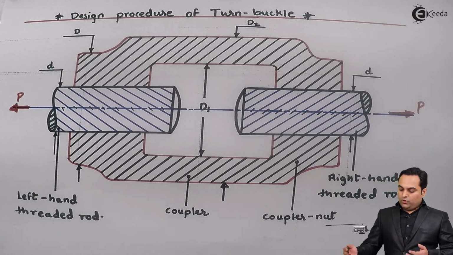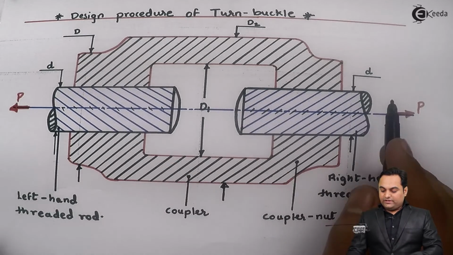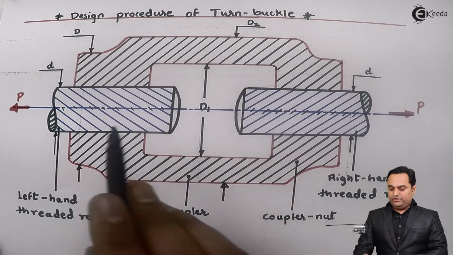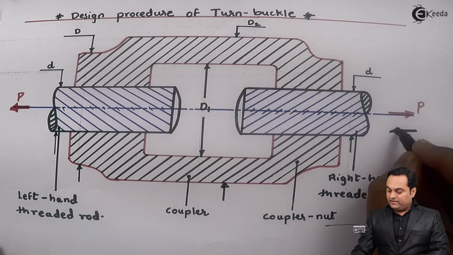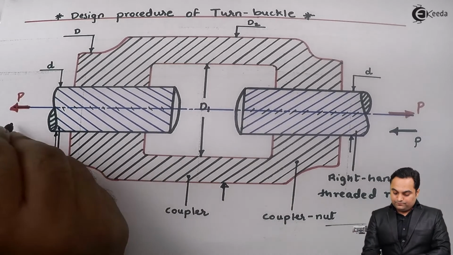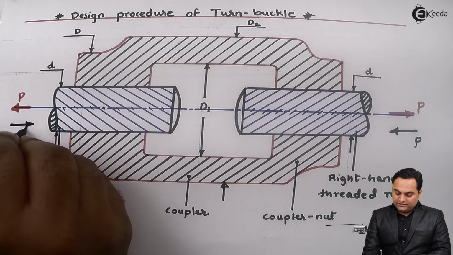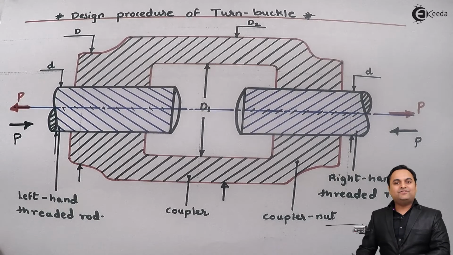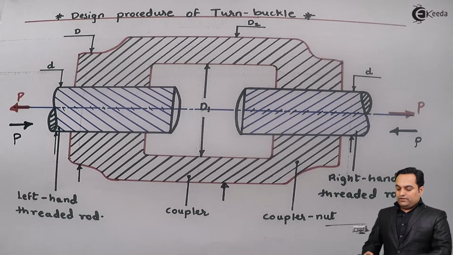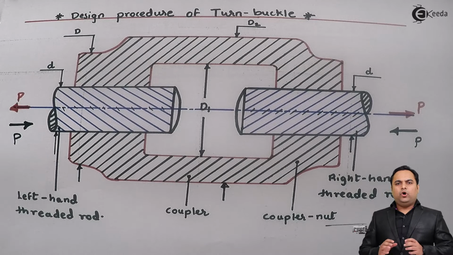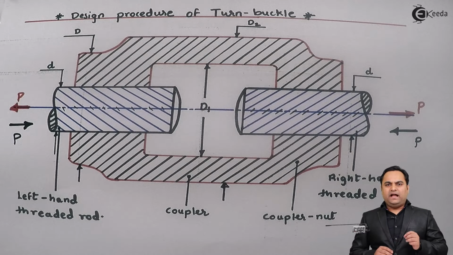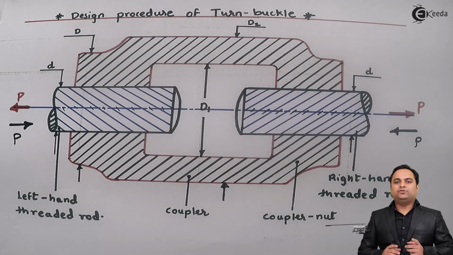Now, when the load is applied, here I am showing that tensile load is applied. Turnbuckle can even be used for compressive load. It means the load can even act inwards. So in both the applications, turnbuckle is used. Now, before starting any of the design, we need to know which will be the weakest section, or failure will start at which section first, that we should remember.